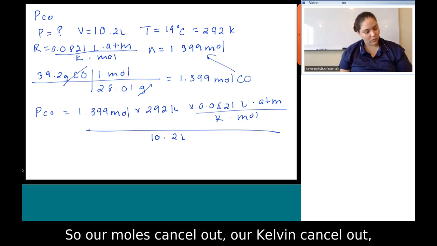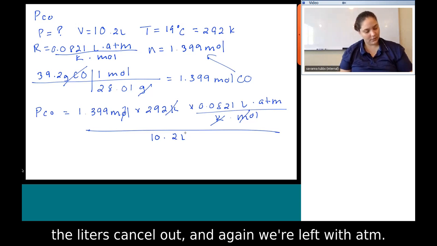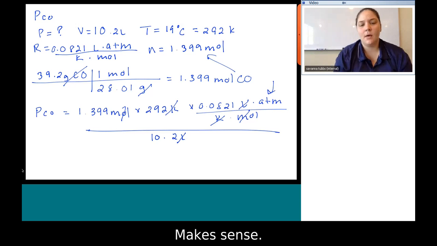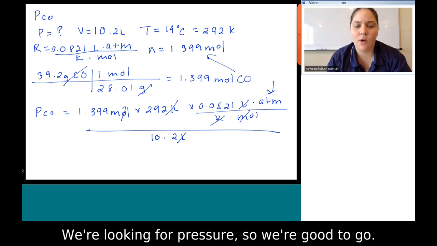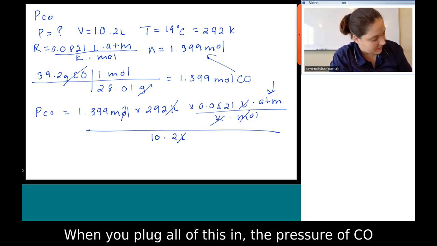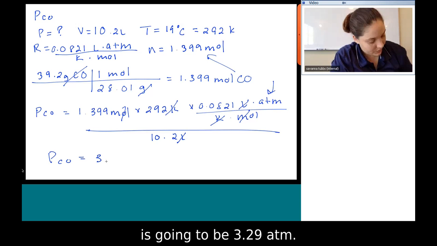So our moles cancel out, our Kelvin cancel out, liters cancel out, and we're left with ATM. Makes sense, we're looking for pressure, so we're good to go. When you plug all of this in, the pressure of CO is going to be 3.29 ATM.